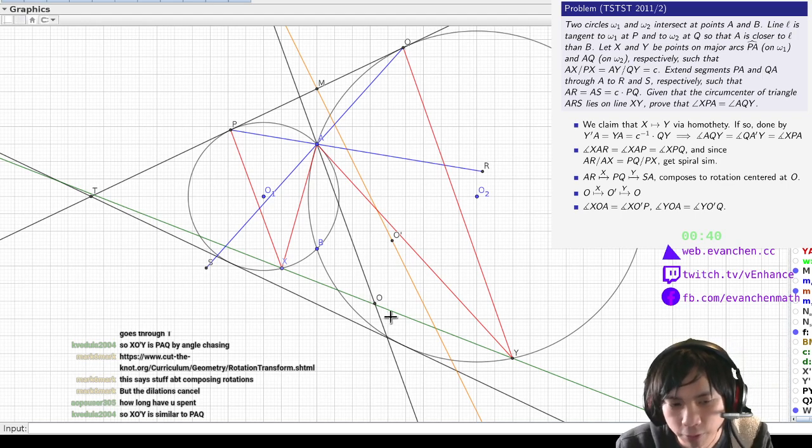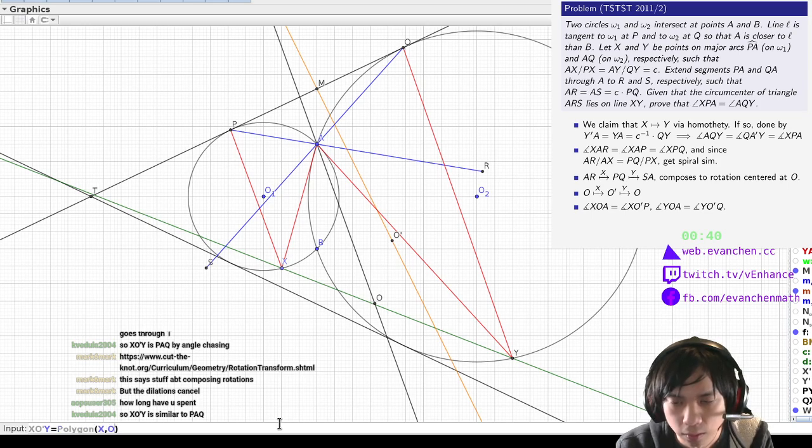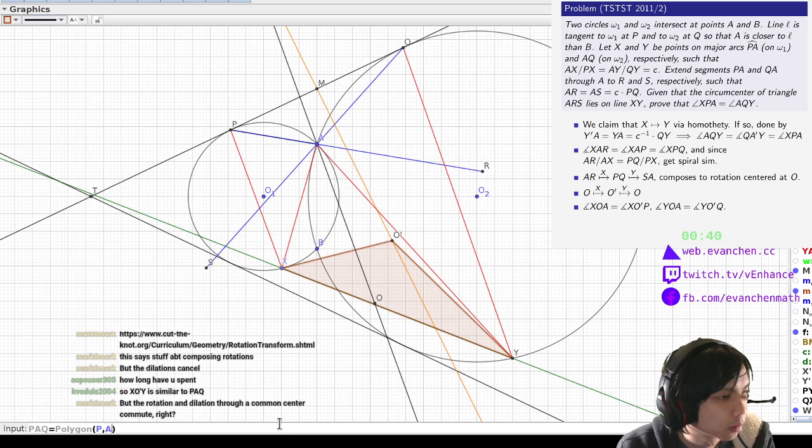Yeah, so XO prime Y should be, I believe that, yeah. XO prime Y. I agree that rotation and dilation through a common center commute. However, the centers are X and Y respectively when I compose the two things.